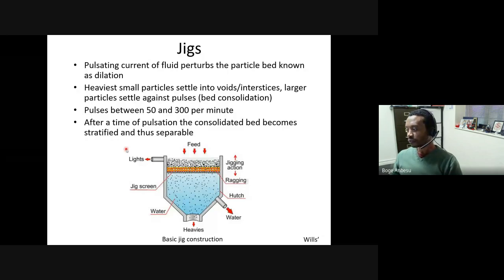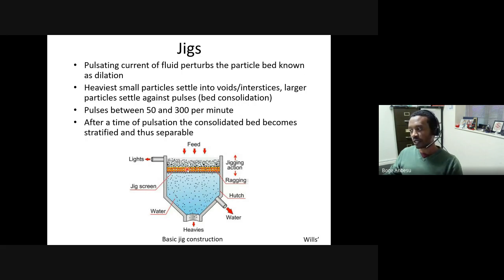So in jigs, we have the feed coming through, and those typically will have fine particles, large particles, dense particles, and light particles all fed to the jig. And in this case, we have a screen where particles are retained. And just on top of that screen, we have a ragging, which can then be applied.